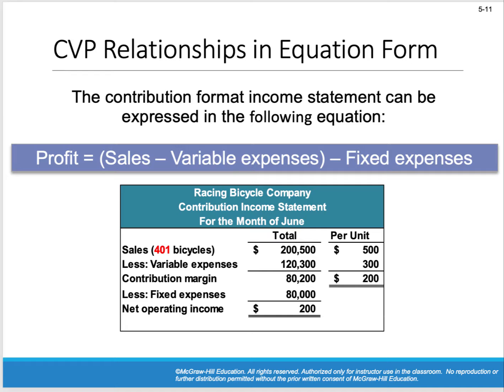So what we're saying is that the contribution formatted income statement can be expressed in equation form. That equation is profits equal sales minus expenses, specifically variable expenses. That gives us our contribution margin. From the sales minus variable expenses, we subtract out fixed expenses.